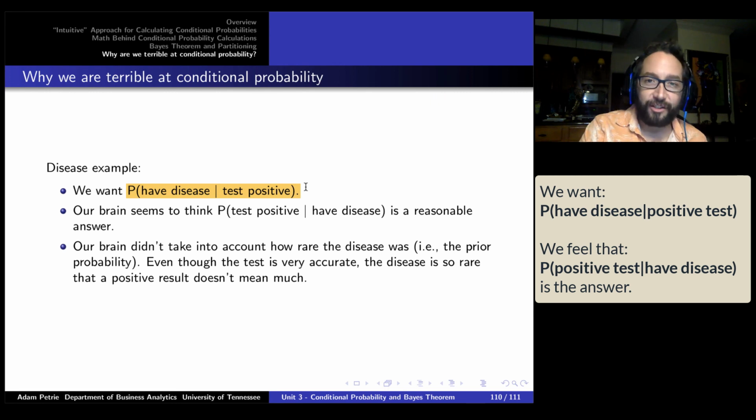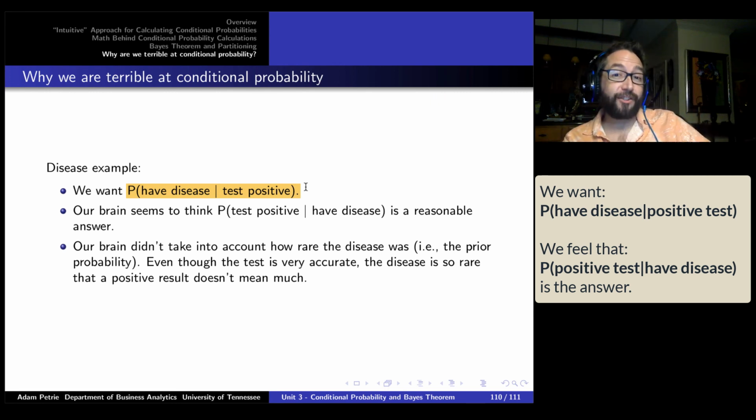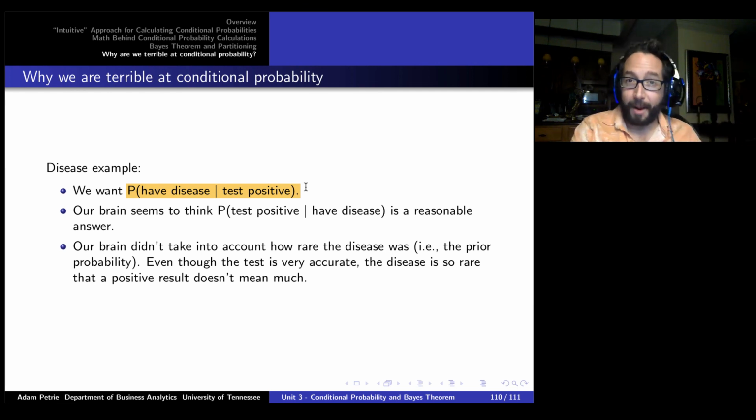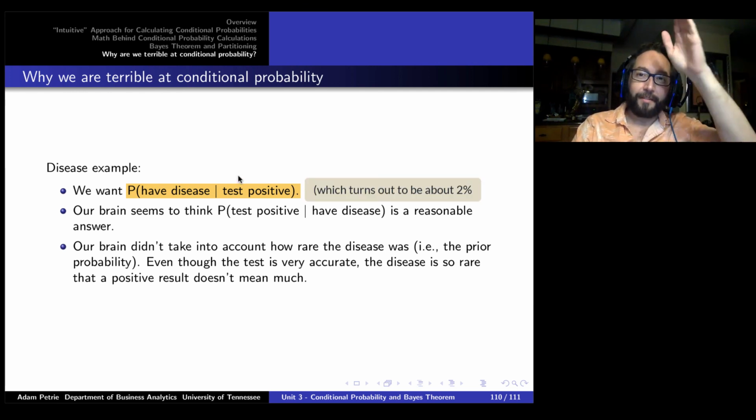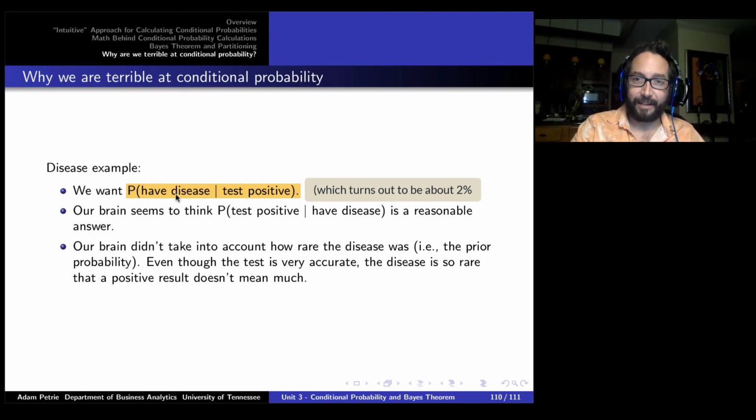What did your brain latch onto? Well, your brain latched onto, all right, if you have the disease, what's the probability of you testing positive? Basically, these 2 events flipped around the bar, the probability of testing positive given the disease. That's that 99.9%. And your intuition said, uh-oh, that positive test result, almost in certainty that I have that disease, because that test is so accurate.